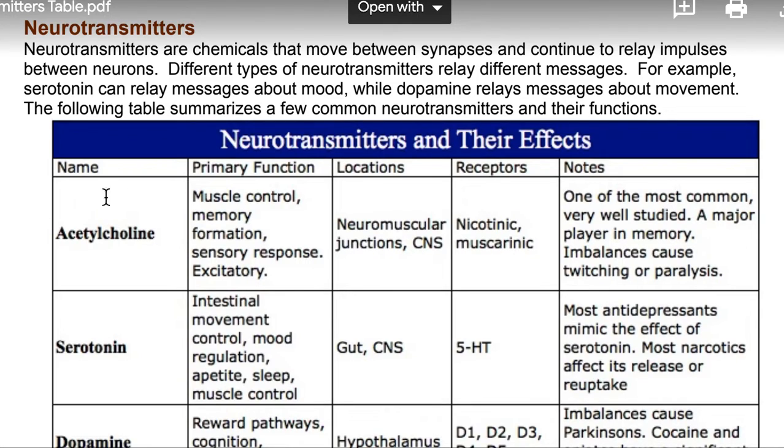Different types of neurotransmitters relay different messages. For example, serotonin can relay messages about mood, while dopamine relays messages about movement. Okay, you scroll on your phone, and that message gets to your brain and makes you want to scroll again. That's dopamine.